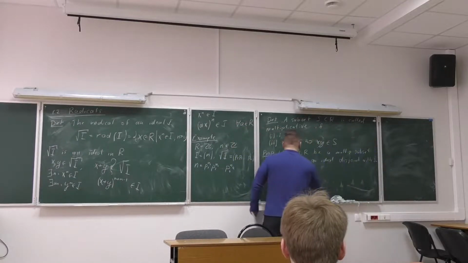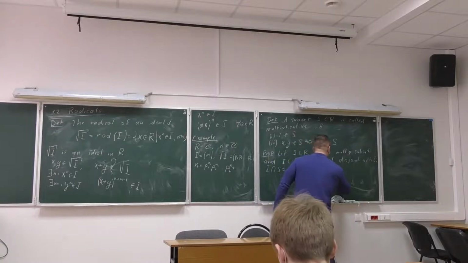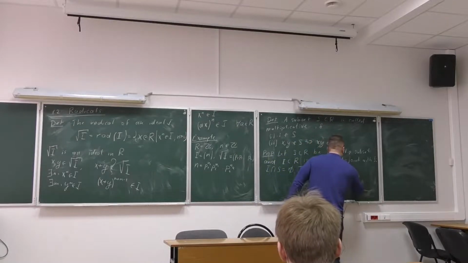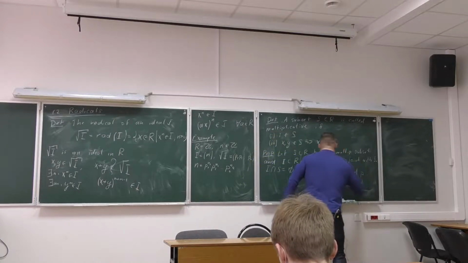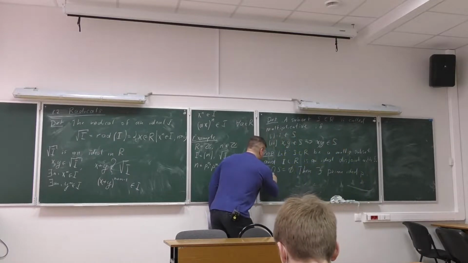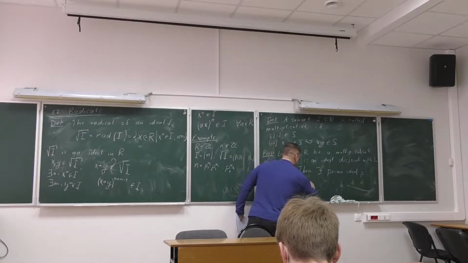Then there is a prime ideal P such that we have two properties: I is contained in P, and P is still disjoint from S.